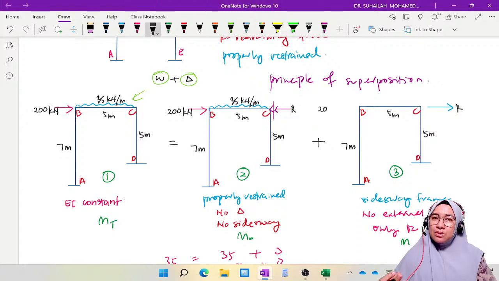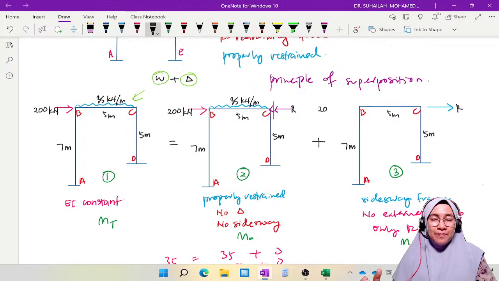But for table number 2, we use the indirect method, because we do not know the delta value. Only when delta is a known value, when delta is given, can we calculate FEM using delta.